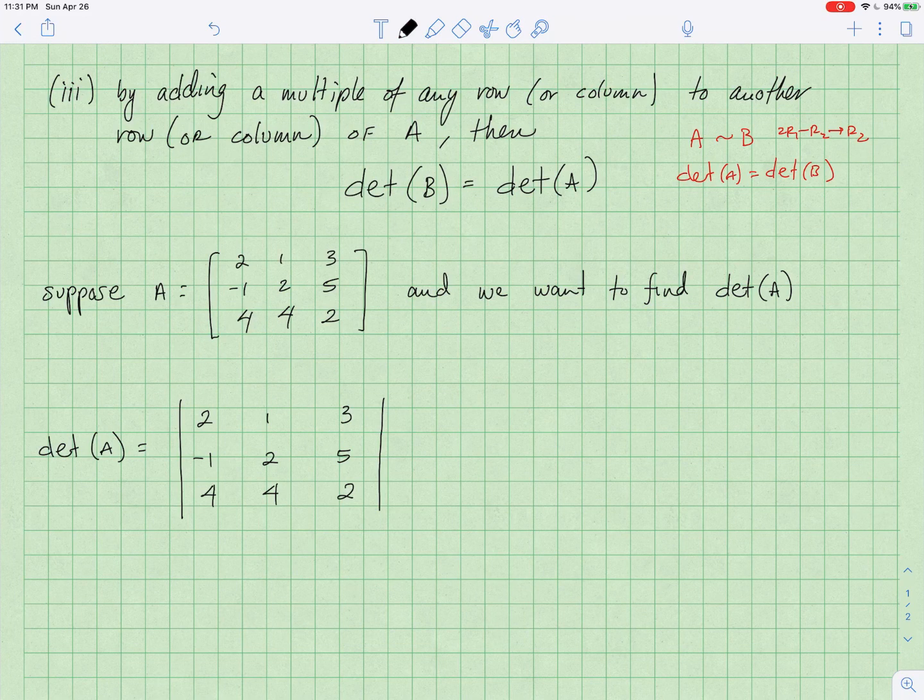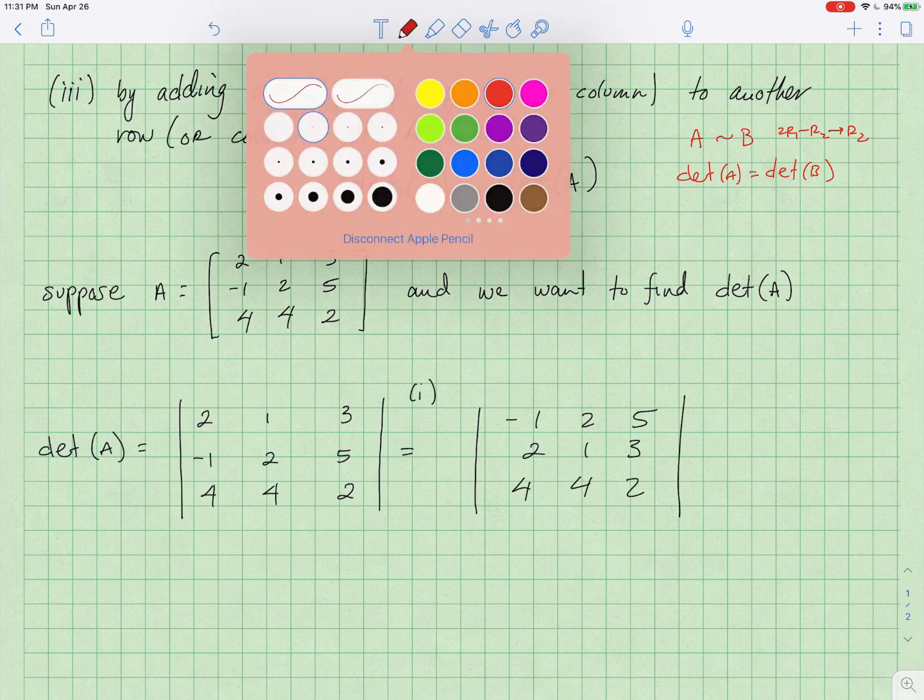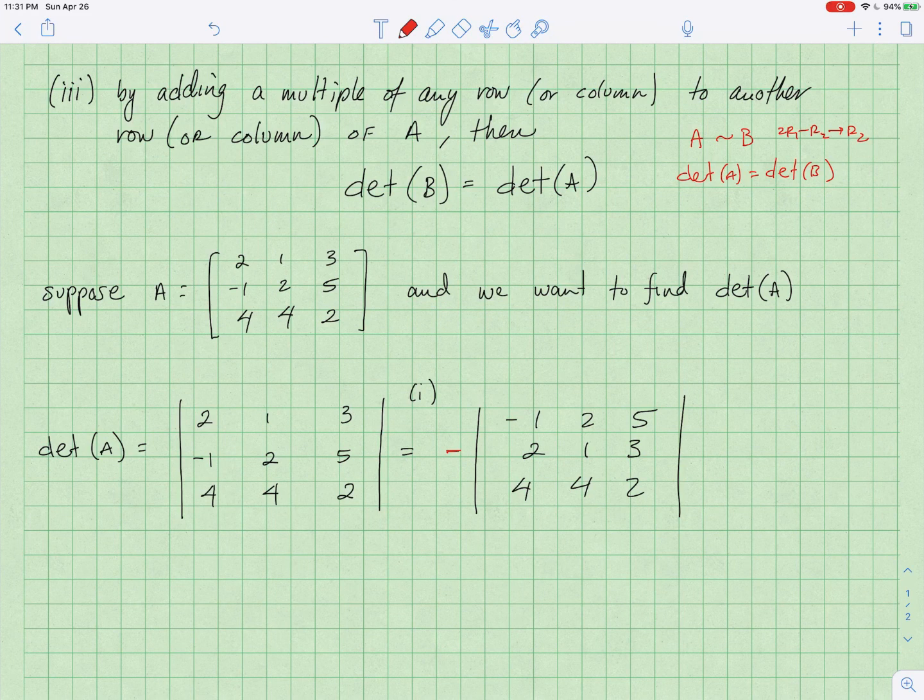So the first thing I might do is switch two rows. So let's see. Negative 1, 2, 5, 2, 1, 3, 4, 4, 2. And because of property 1, I am going to have to switch the sign of the determinant.